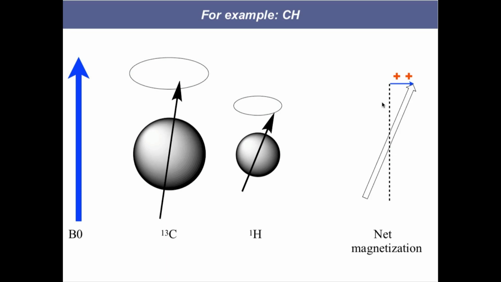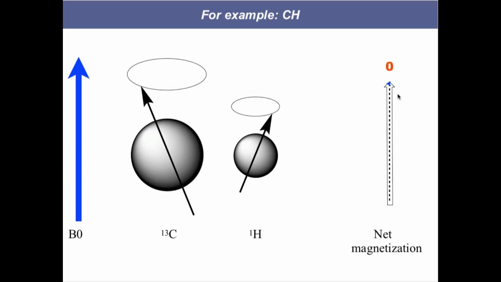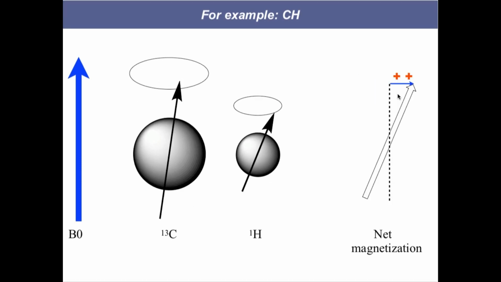And as carbon-13 continues to rotate more, we get more net magnetization to the right. So as this proceeds, we're going to have magnetization to the right, then back to zero, then back to the left, then back to zero, then back to the left. That's going to alternate back and forth over time.